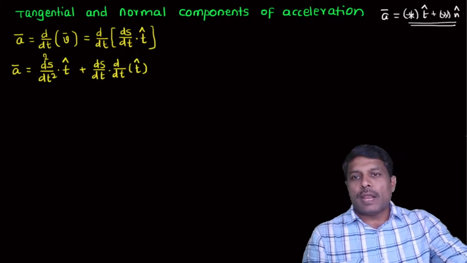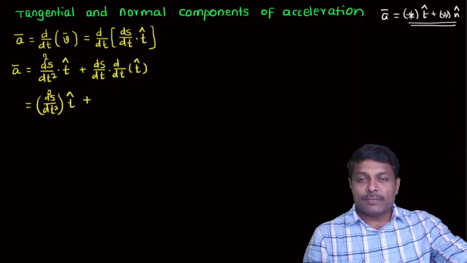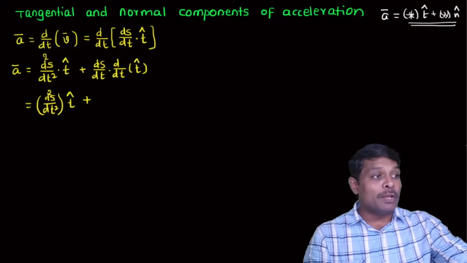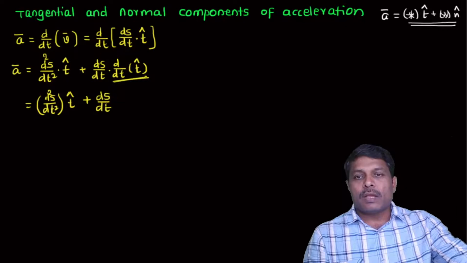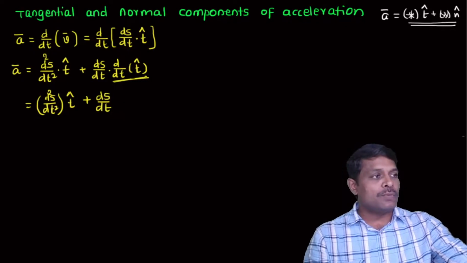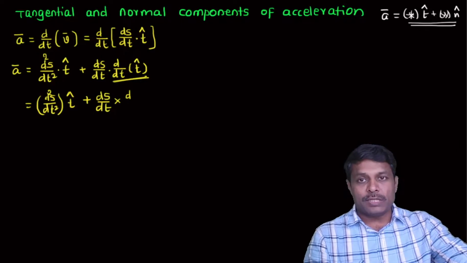Now I manipulate this derivative using the chain rule. Keeping ds by dt as it is, the derivative of t cap with respect to t is written as dt cap by ds into ds by dt. This is not a cross product, it is ordinary multiplication.